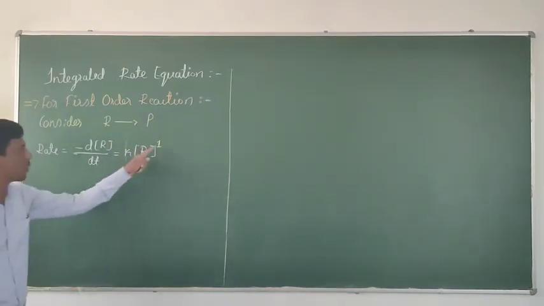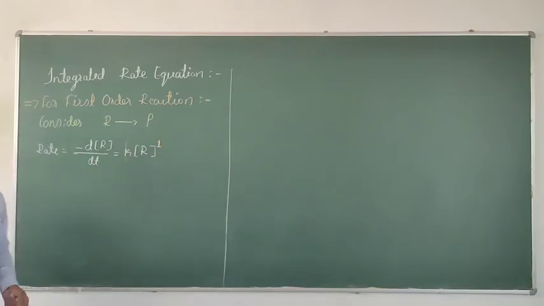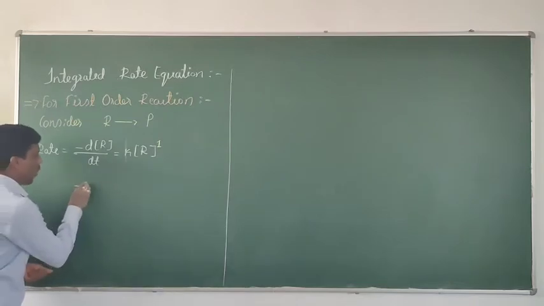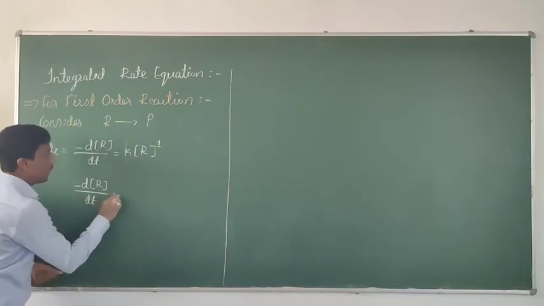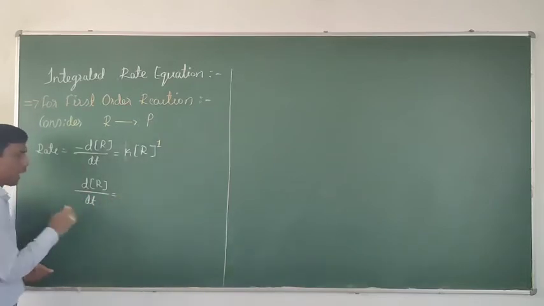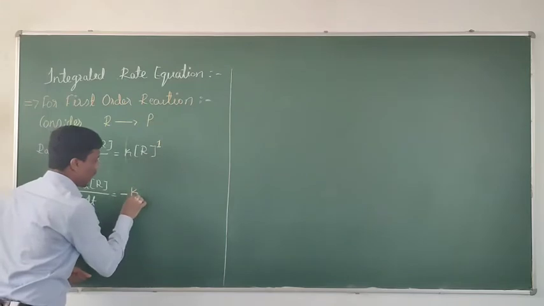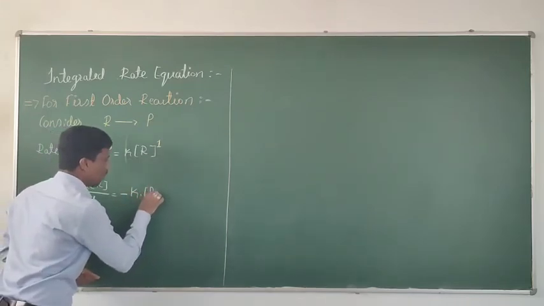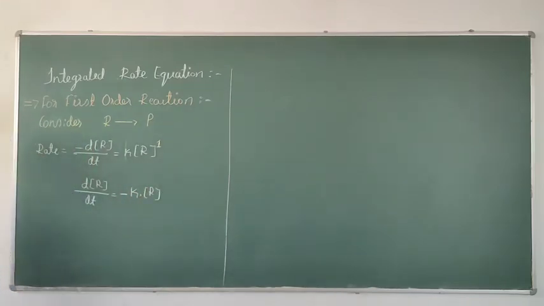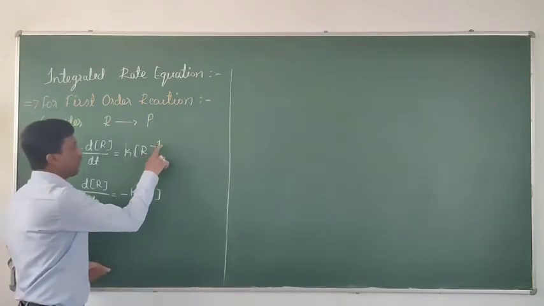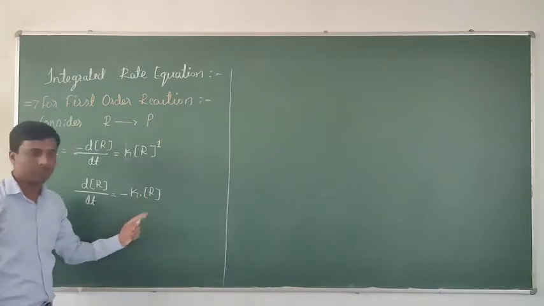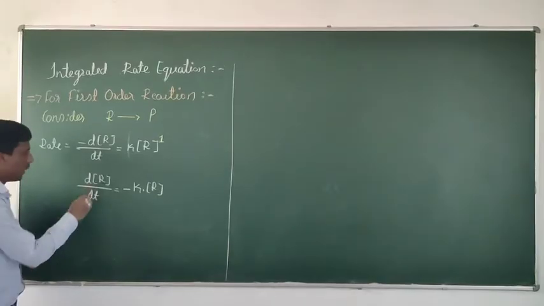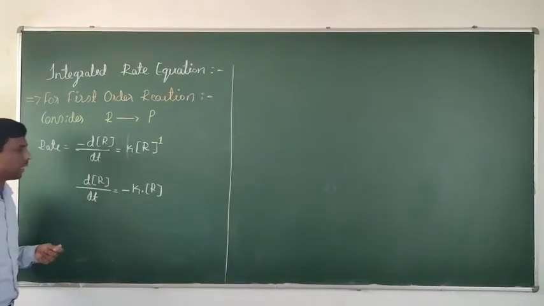Anything with exponent 1 has the same value. So we have dR divided by dt is equal to minus k into R.